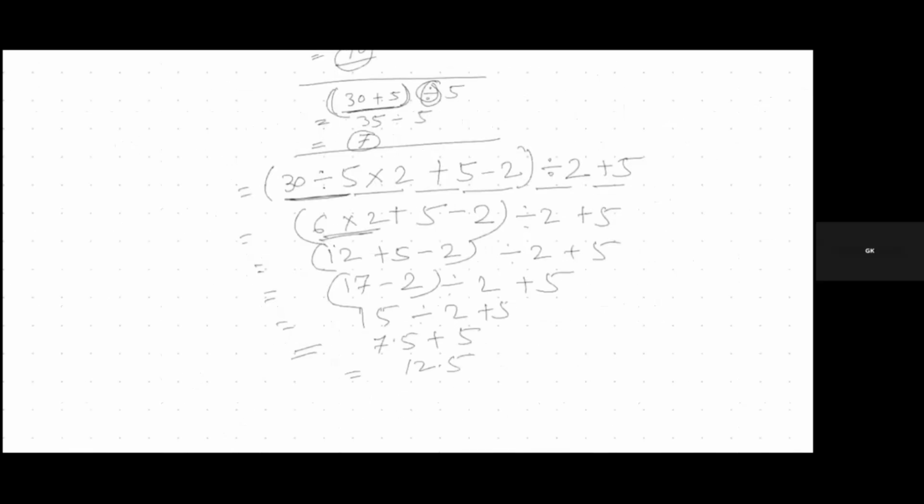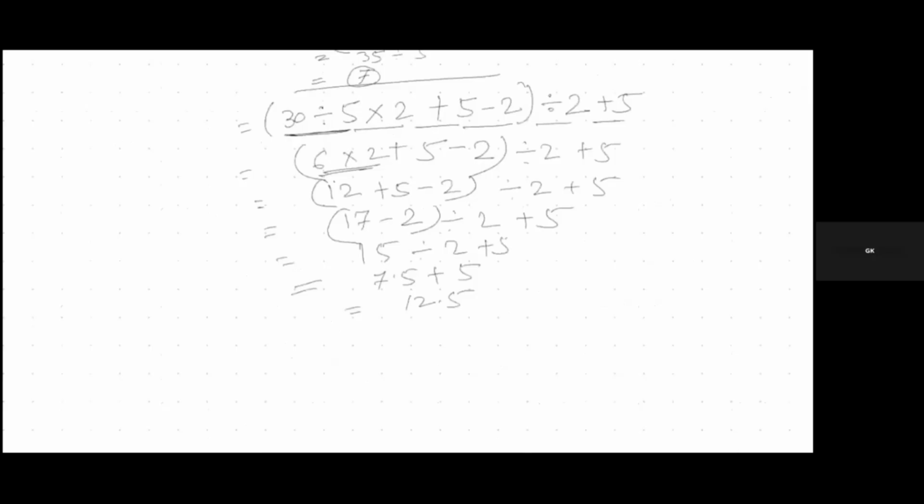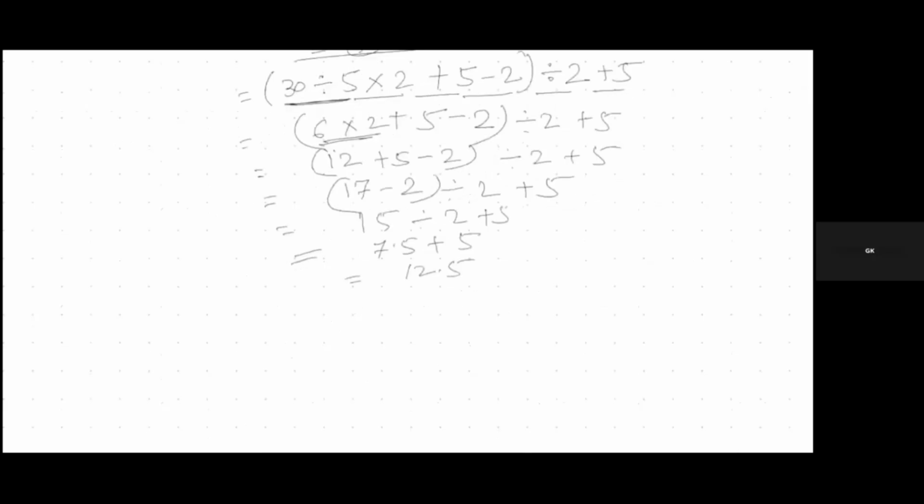In this expression, you can see that first we have solved the bracket, and then we have solved the division and addition after the bracket.